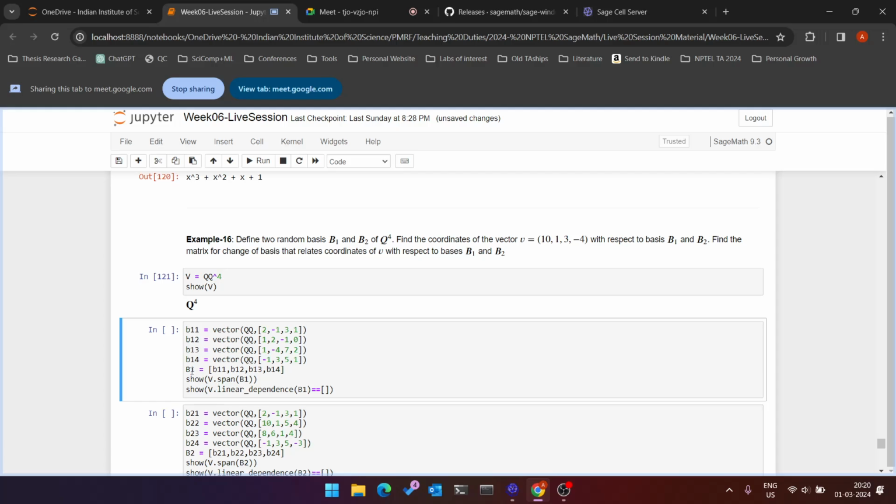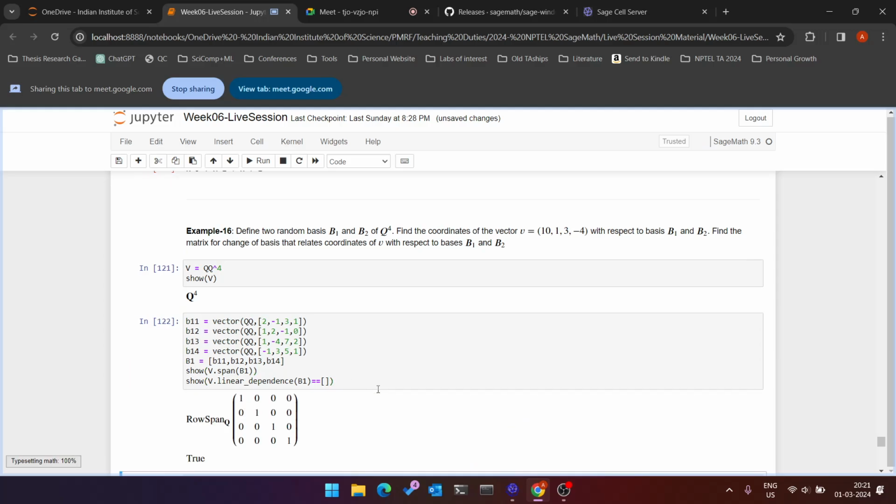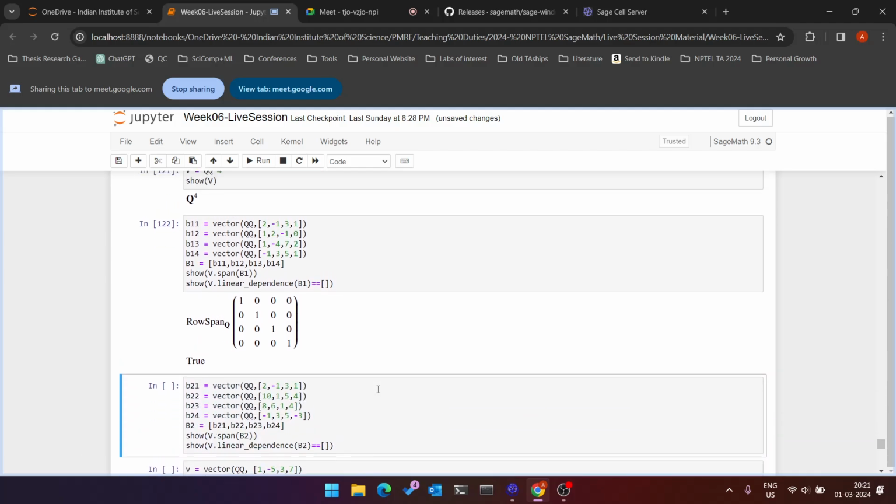Once this B1 is there, we want to see what is the span of B1. We also want to see if the components of B1 are indeed linearly independent. To do so, this is what we get.